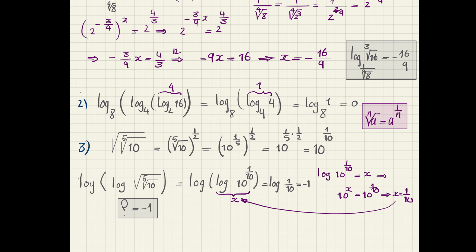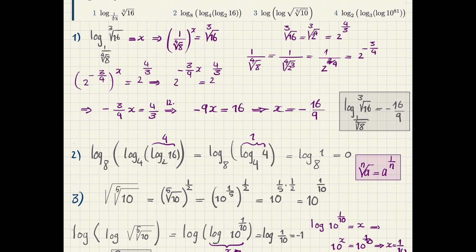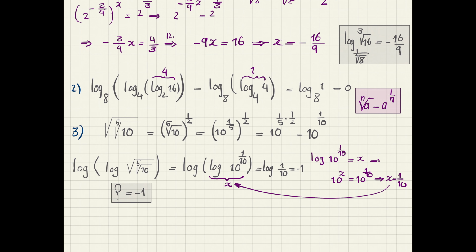Okay, now let us do the last problem here. We have 3 consecutive logs with different bases. Here the base is 2, here is the base 3, and here is not written, so the base is 10. So you know, you have enough experience. You have to start from the innermost log and go outward, yes? So let me just write everything in front of our eyes here.